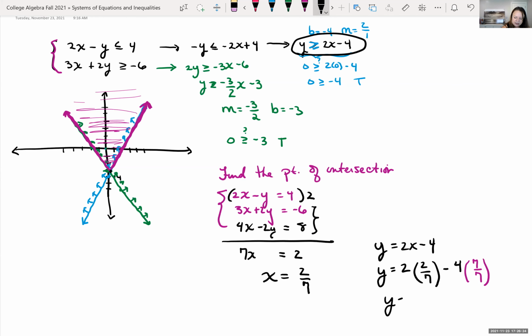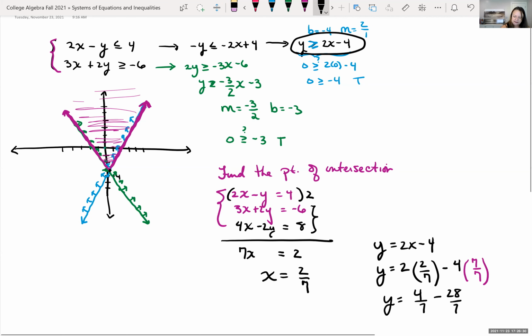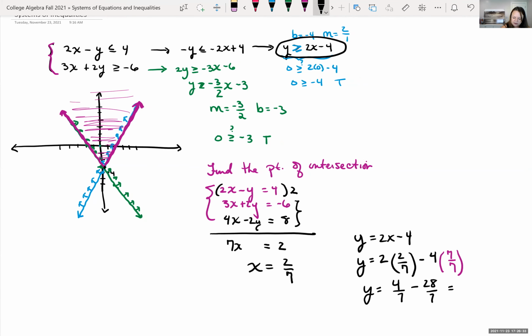We get y is equal to 4/7 minus 28/7, which is negative 24/7, which is the same thing as negative 3 and 3/7. So this point of intersection is where x is 2/7 and y is negative 3 and 3/7.